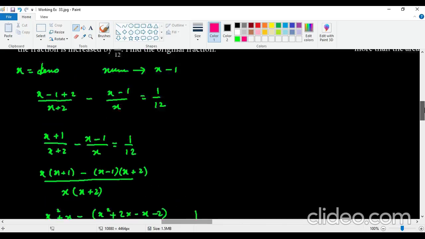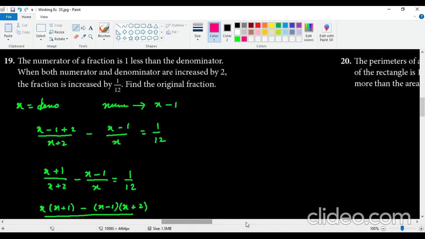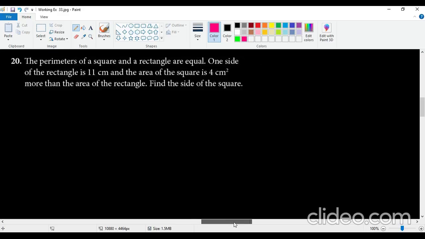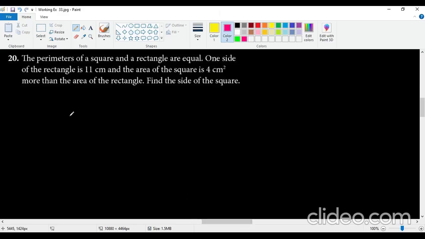Moving on to the next question, which is question number 20. It says the perimeter of a square and a rectangle are equal. So the perimeter of a square is 4x, we know very well, and the perimeter of a rectangle is 2 times 11 centimeter plus width, because the width is not given here.